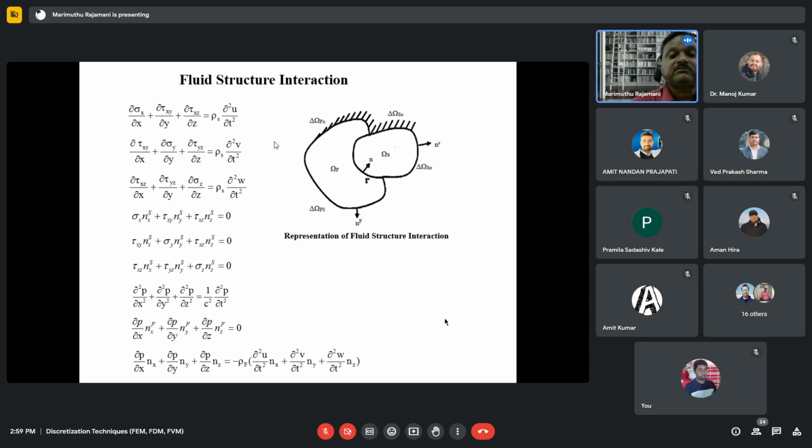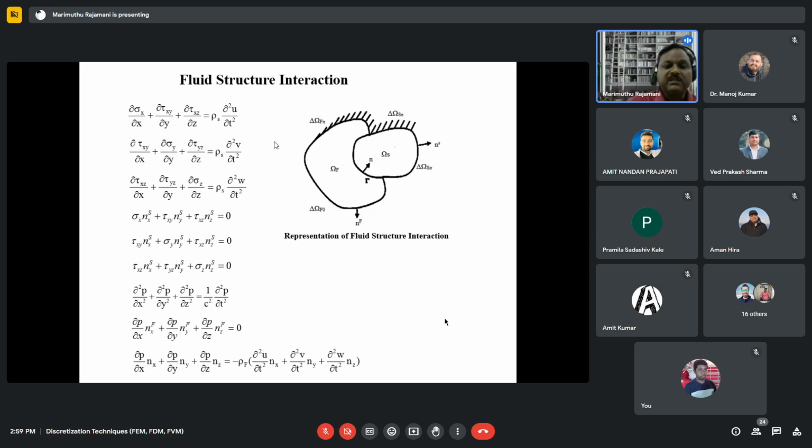The liquid tank contains the liquid, and one can use either the finite element method or the boundary element method to represent the fluid. One can use the finite element method to represent both structure and fluid, or the boundary element method for the fluid and the finite element method for the structure.